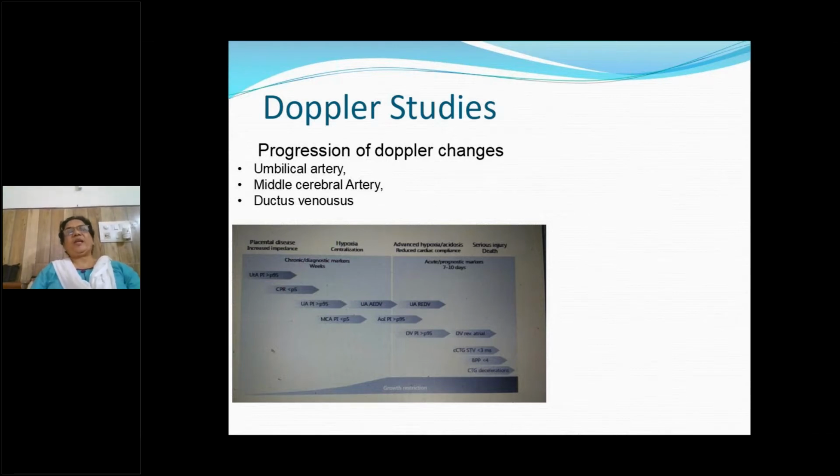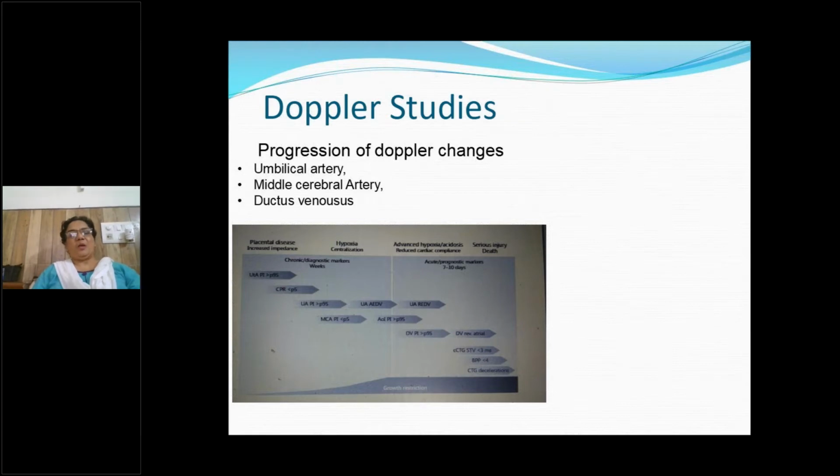The uterine artery Doppler usually decides the placentation, and placentation occurs in the first and second trimester. So uterine artery Doppler is more important in the first and second trimester to predict how the placentation is and how it is going to behave later on. Usually in third trimester, we do not do the uterine artery Doppler. What we use for fetal monitoring in fetal growth restriction are the fetoplacental Dopplers.